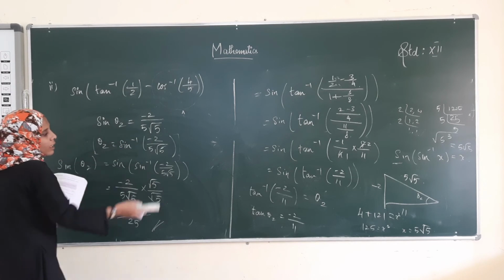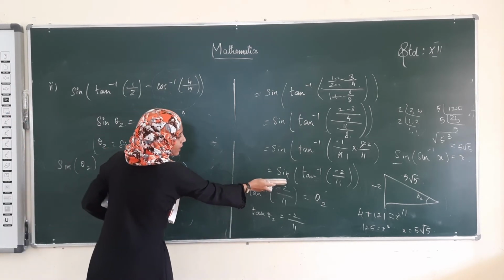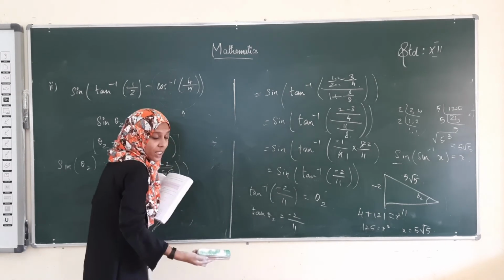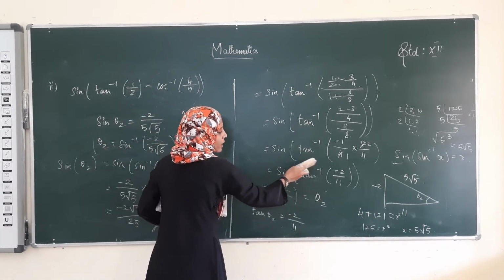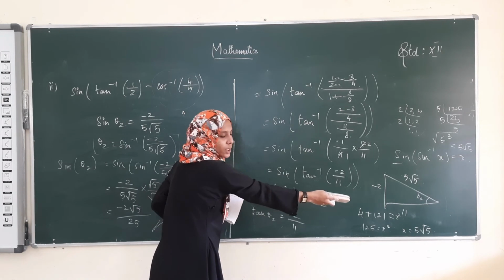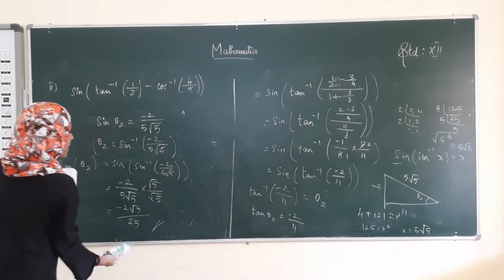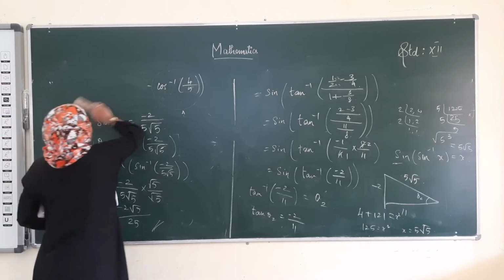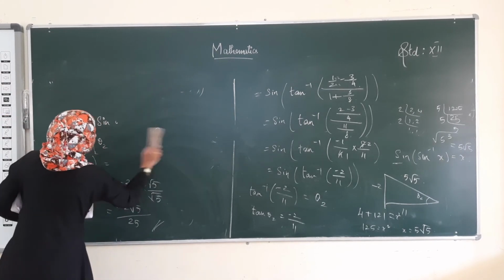Apply the formula. After applying the formula, you will get like this. Since in the outer side we have sine, in the inner side we have tan inverse, we are going to change this to sine inverse. Again use the Pythagoras theorem. You will get the answer. Okay, it will be very easy. Then the third sum, the last sum.